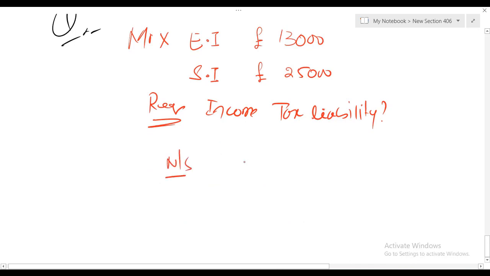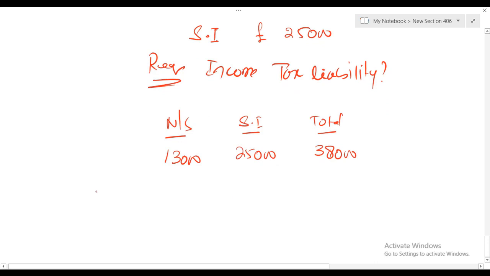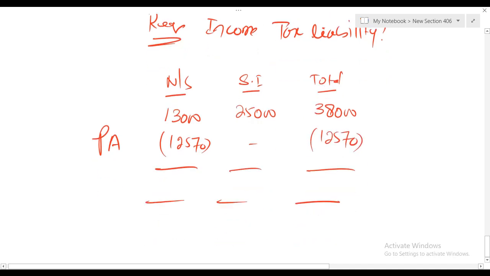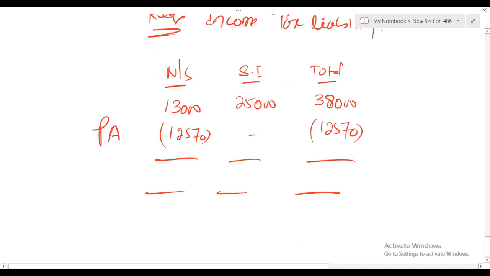Non-saving, saving, and total. Employment income is a non-saving income. Saving income is obviously saving. Let's add both of them. You will get 38,000. Personal allowance is 12,570. Let's see taxable income.